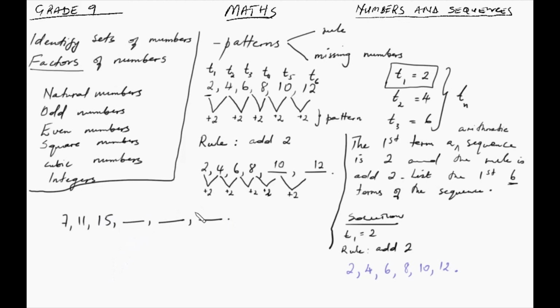Now copy and complete the sequence. What must you find? The pattern. Then the pattern will help you find the rule, and the rule will help you find the missing terms. There are 3 missing terms.